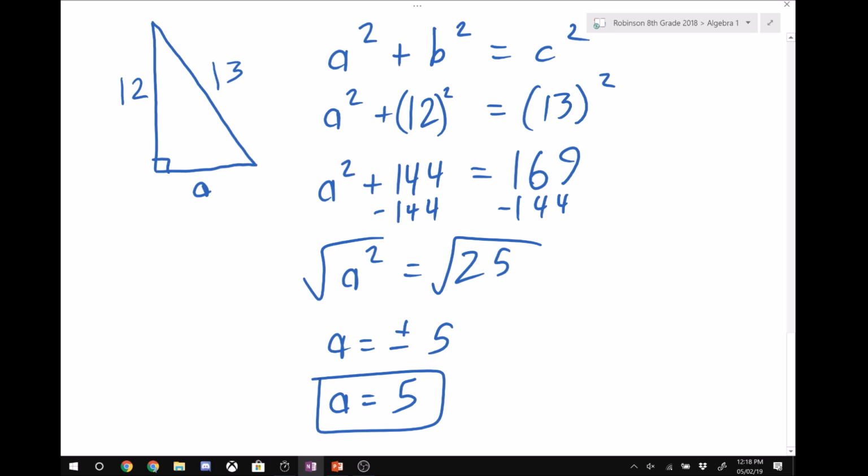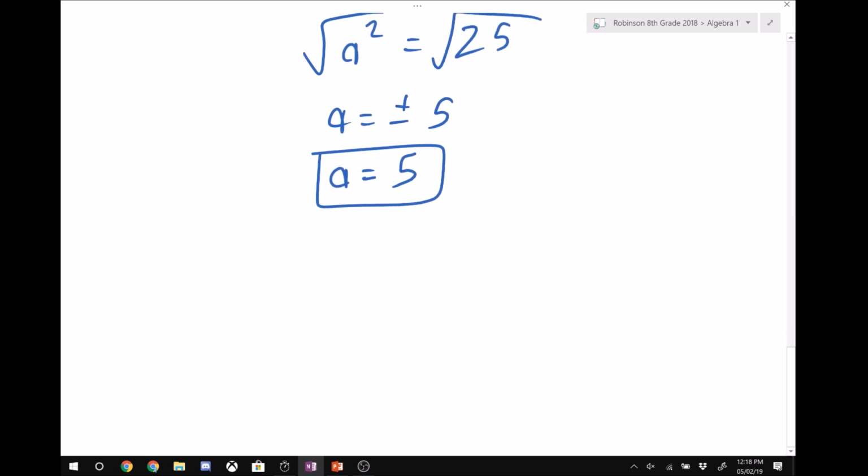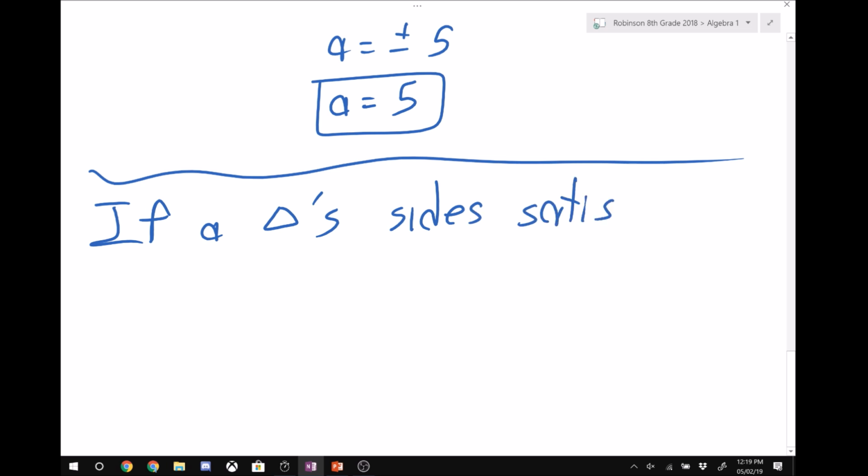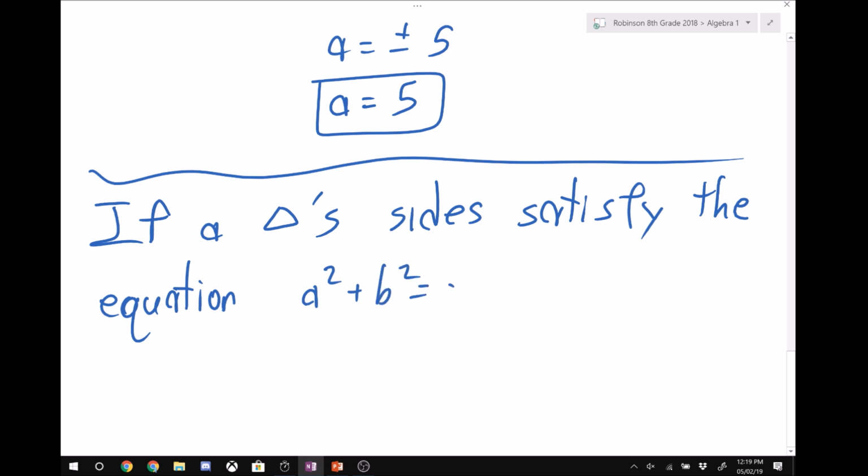The second use case, we'll use a slightly different definition. It's kind of going to be backwards. Okay, so what we have is, if a triangle's sides satisfy the equation a squared plus b squared equals c squared, then it is a right triangle.